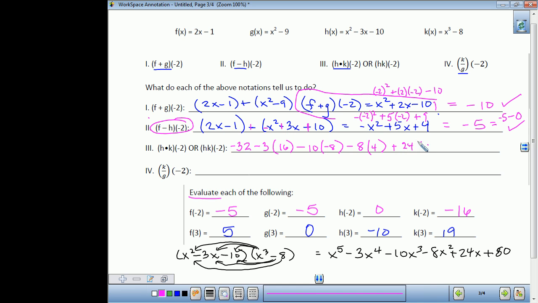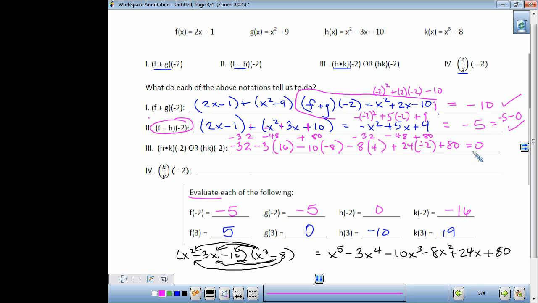And then plus 80. So this is negative 32, and this is negative 48, and this is positive 80. Those cancel, don't they? Because that's negative 80 and plus 80. That's 0. And this is negative 32, and this is negative 48, and that's plus 80. Those cancel, so it's 0.